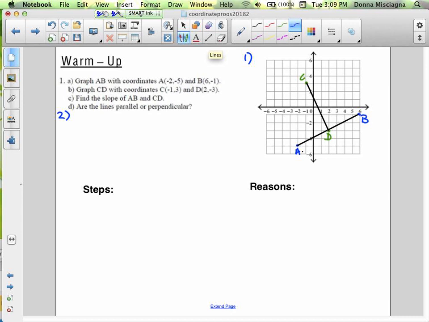All right, so what do we need to prove? Or what do we need to show? We're going to show one of two things, right? So as asked, we're going to find the slope, and we're going to determine if the lines are parallel or perpendicular. Right? So if we want to show the lines are parallel, we have to show they have the same slope.